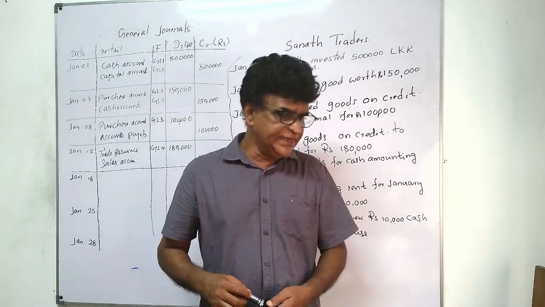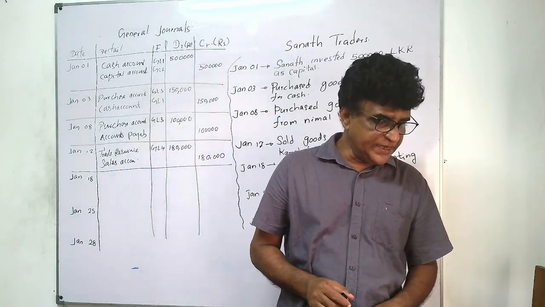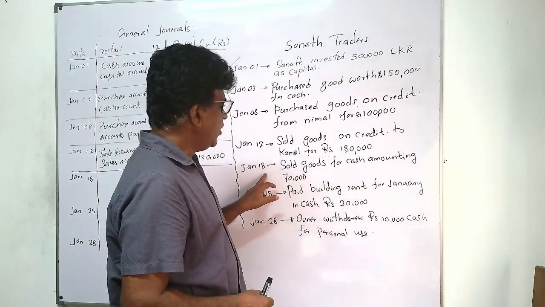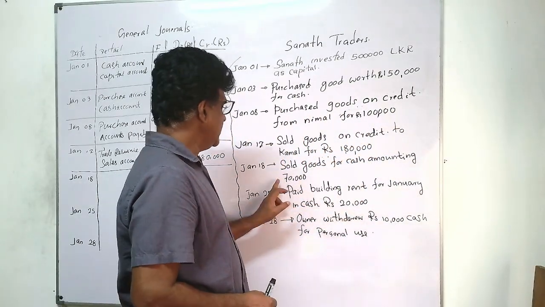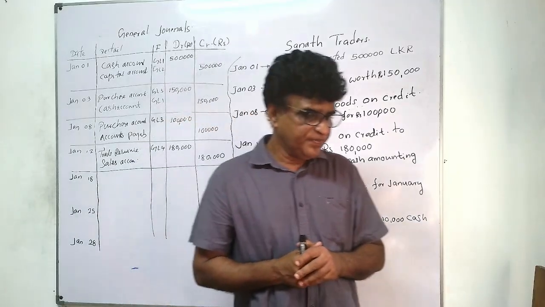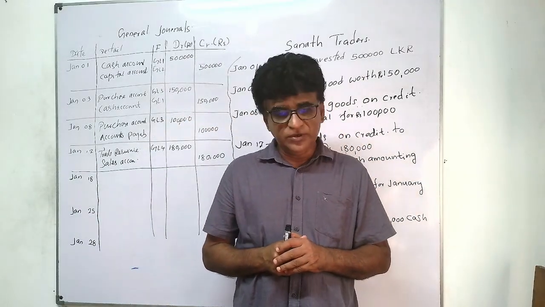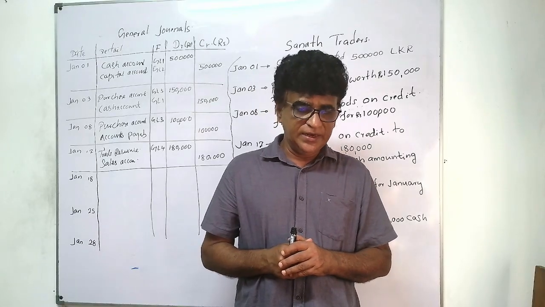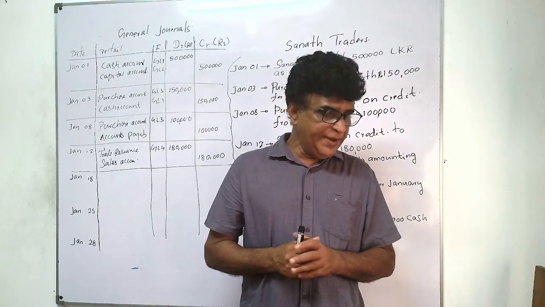January 18th, there is another transaction. What is it? Sold goods for cash amounting 70,000. Now they have received cash, right? That is not a credit sale, that is a cash sale. Then we have to debit the cash account first.